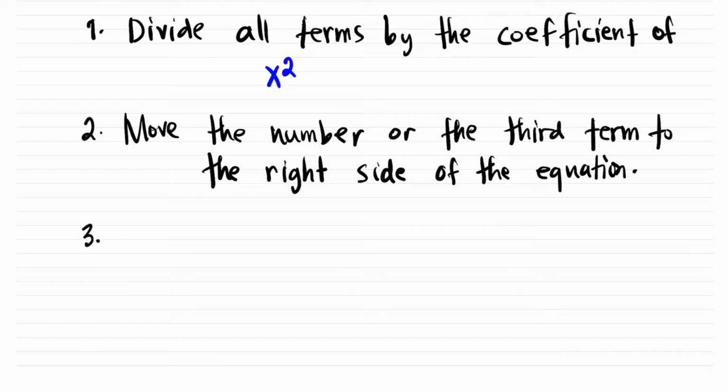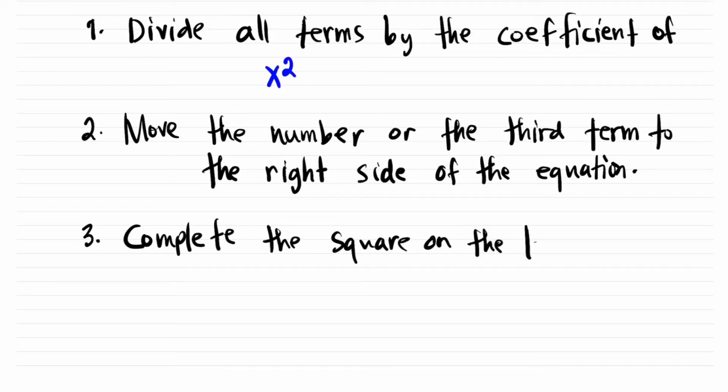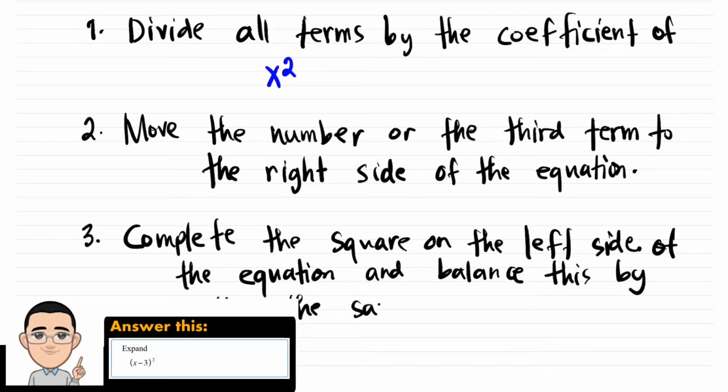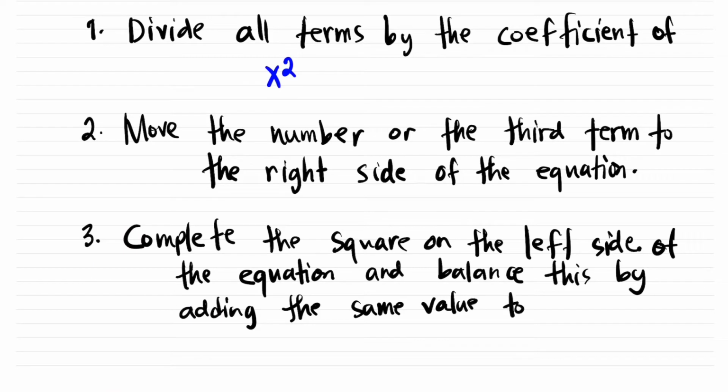Now we go for step 3. Complete the square, which means to say you have to apply the power of 2 on the left side of the equation and balance this by adding the same value to the right side of the equation.